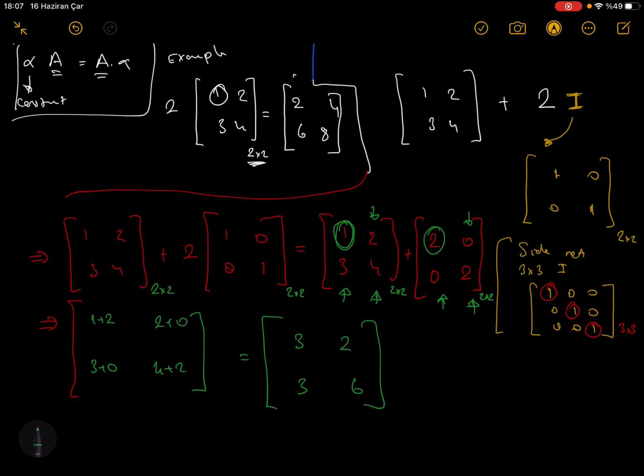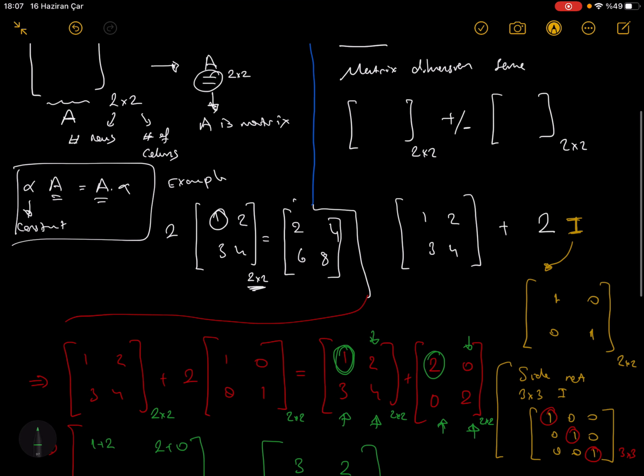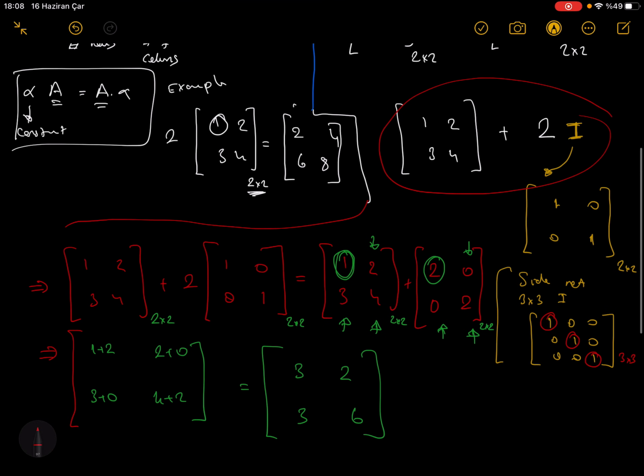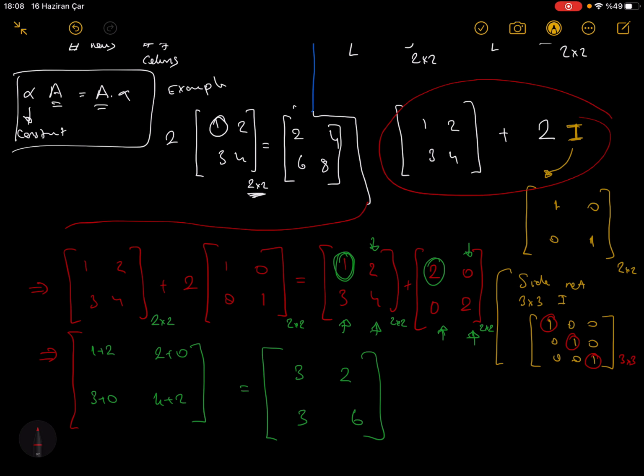So the thing is that for addition or subtraction, we have one condition. If you have a 2 by 2 matrix, you can add it with a 2 by 2 matrix. If you have a 3 by 3 matrix, you can add or subtract with a 3 by 3 matrix. There's also an additional condition we mentioned here. What if I want to add a number to a matrix, or subtract a number?